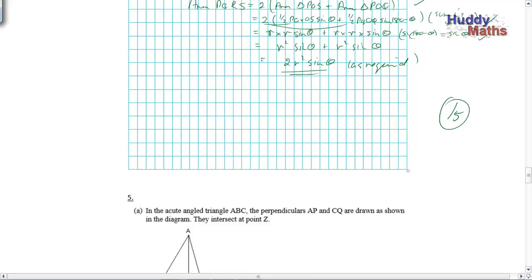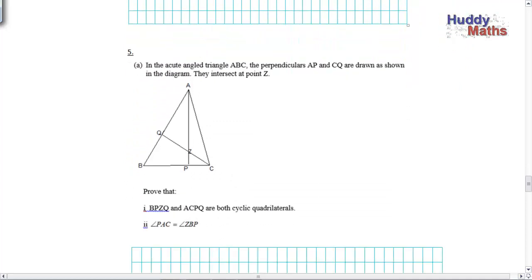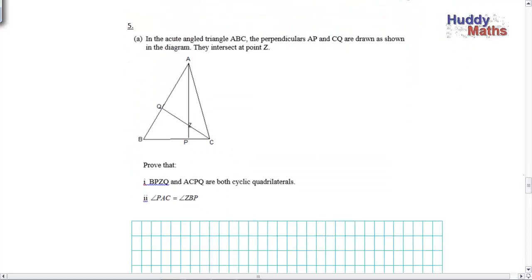So let's come down and read it first of all. In the acute angle triangle ABC, perpendiculars, what's that? AP and CQ. All right, better put those in. AP and CQ. There. Okay, check that all the given information is marked on the diagram, because now what we're going to do is to start using it.